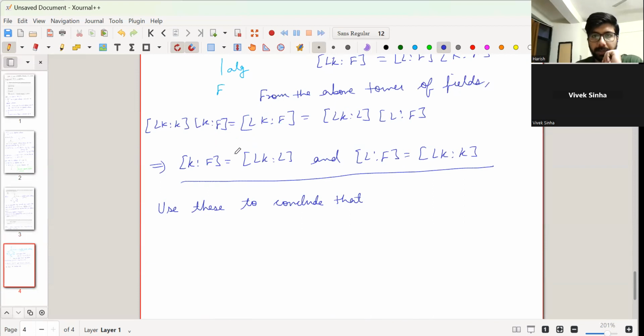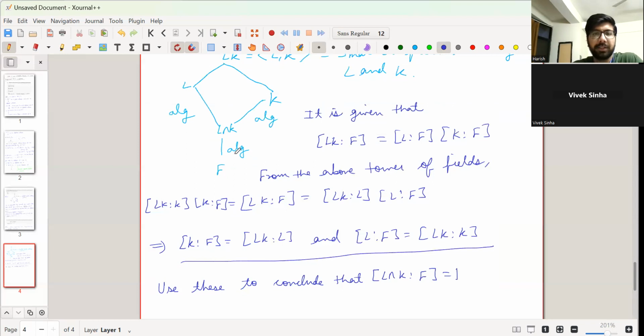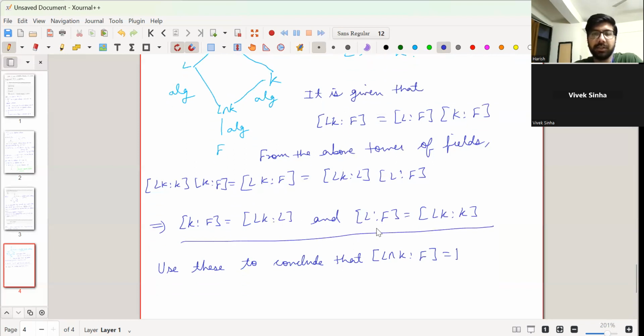We will end up calculating that L intersection K over F has degree. So you use these equations and the tower nicely to finally conclude this, and that is doable. You just need to play with these numbers and these towers. This is the main equality that one has to think of, and then it is doable.